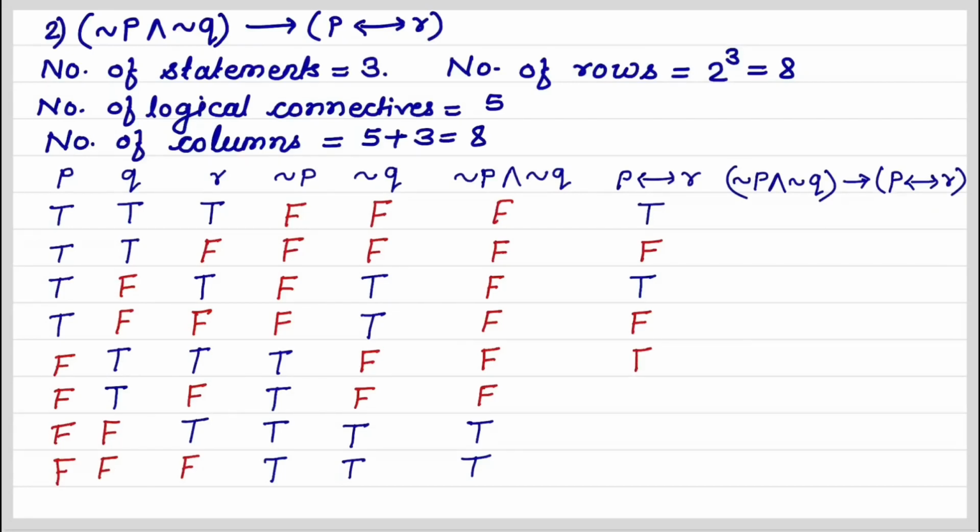Again here one statement false, second true, double implication false. Here both statements are false, therefore the double implication is true. Next false. Here both statements are false, that means same truth value, therefore the double implication is true.